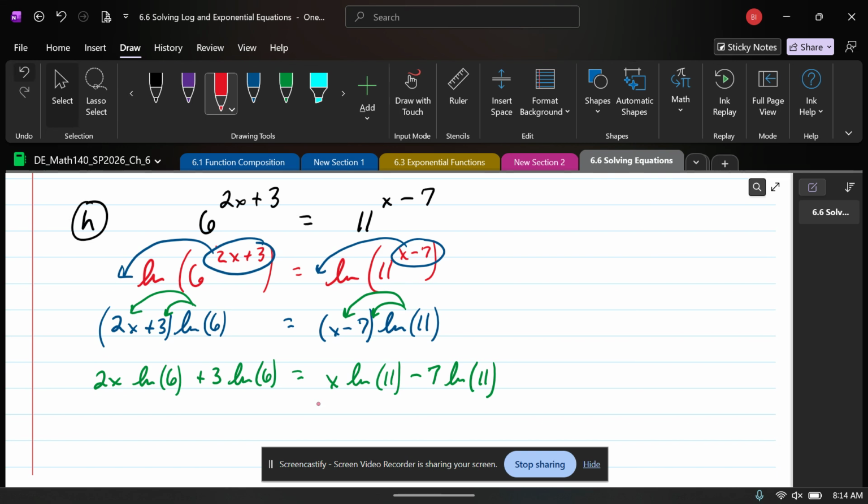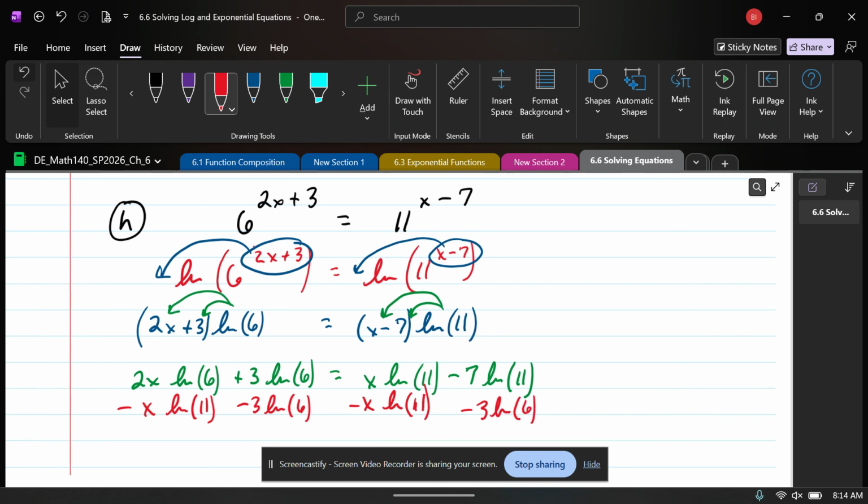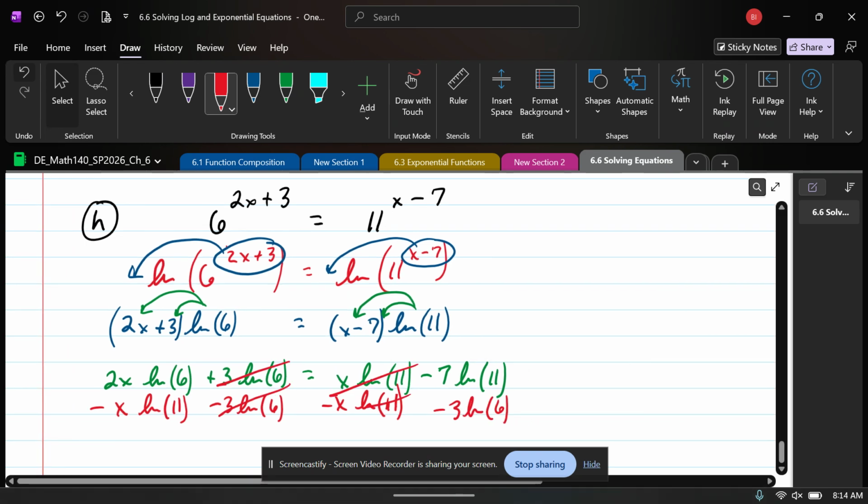So I'm going to move this x natural log of 11 by subtraction. I'm going to move this 3 natural log of 6 by subtraction over to the other side. That's going to cancel those things out.